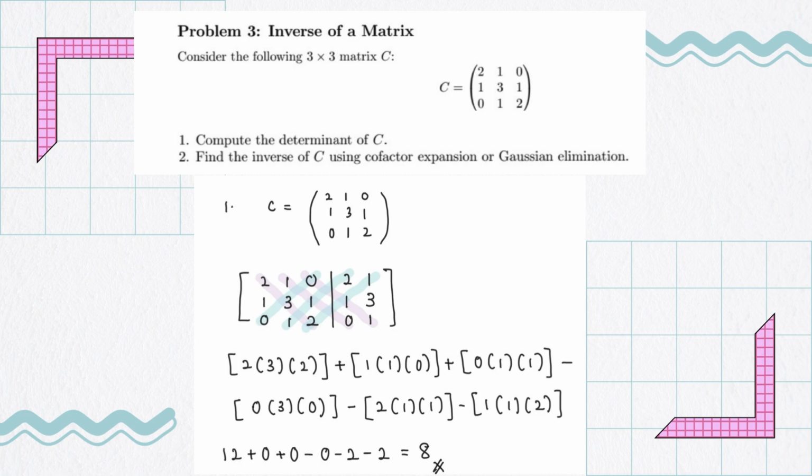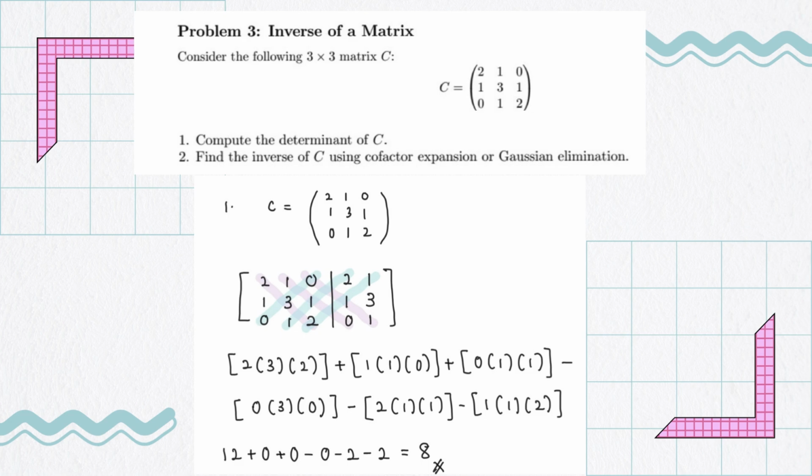We are going to multiply the numbers on the diagonal starting from the top left going to the bottom right, highlighted in purple. So you can see 2 times 3 times 2, then plus 1 times 1 times 0, and plus another purple highlighted diagonal, 0 times 1 times 1.